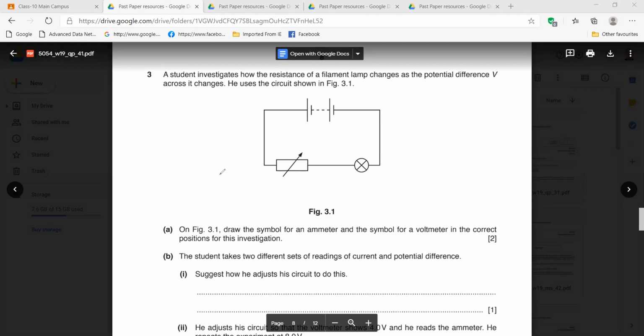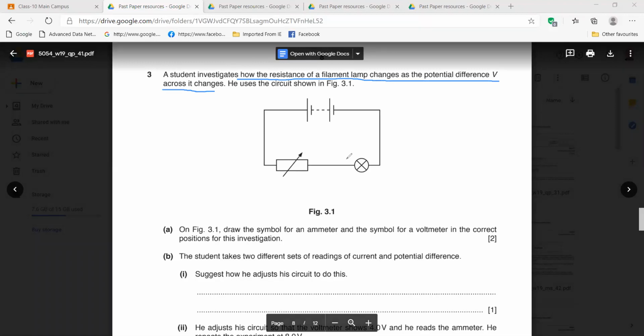Which one? Ammeter or voltmeter? Voltmeter. Okay, so your first statement: how the resistance of a filament lamp changes as the potential difference V across it changes.